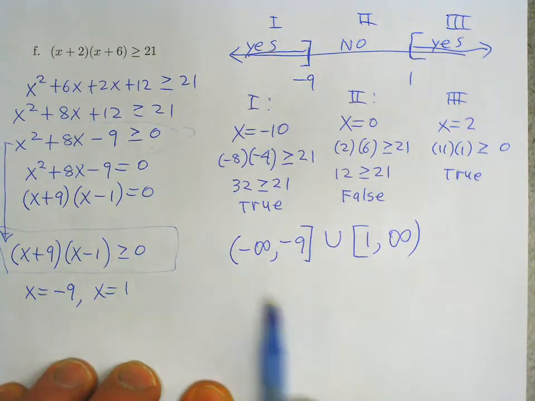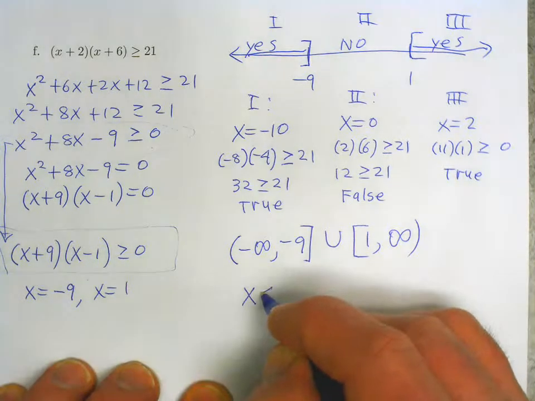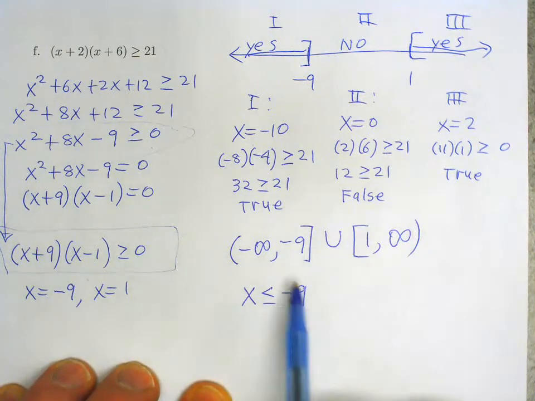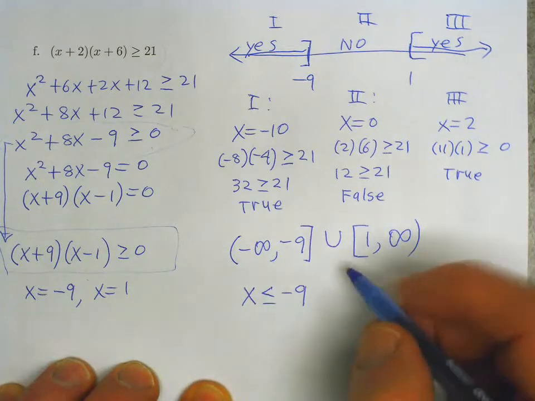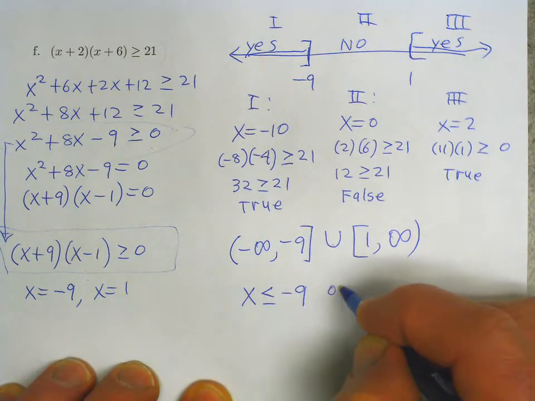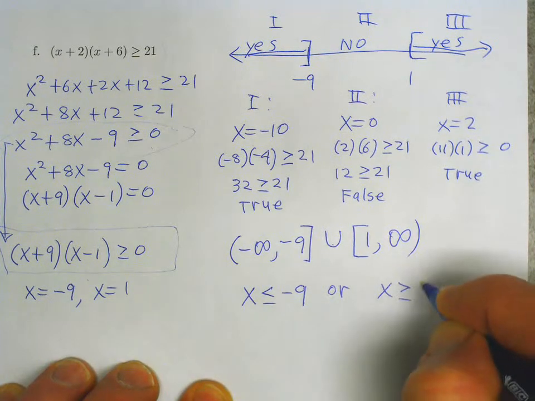And then the algebraic notation, x is less than or equal to -9. That corresponds to this part of the interval notation. The union symbol corresponds to the word or, and this one is x is greater than or equal to 1.